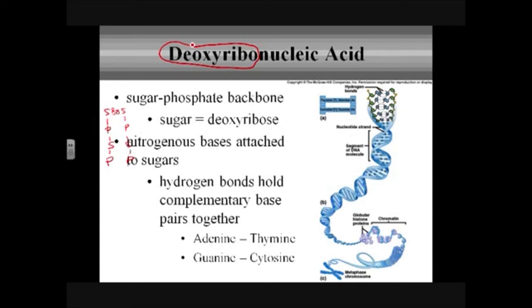There are actually hydrogen bonds that keep the complementary base pairs, and we should know complementary base pairs in DNA: adenine with thymine, guanine with cytosine. And the interesting thing is that in each of these cases, what you're having is two rings, like in the case of adenine and in the case of guanine, that are going to bond with a single ring.